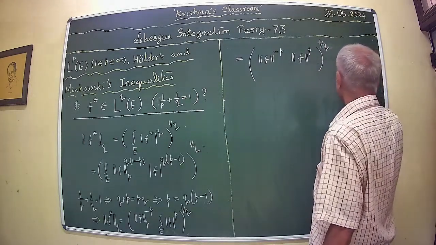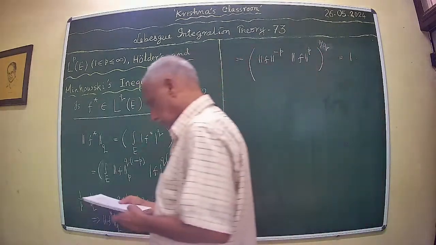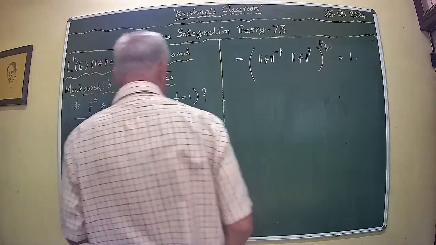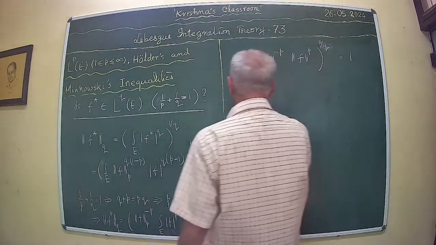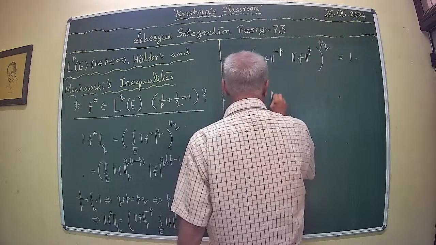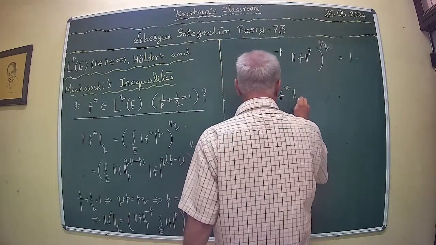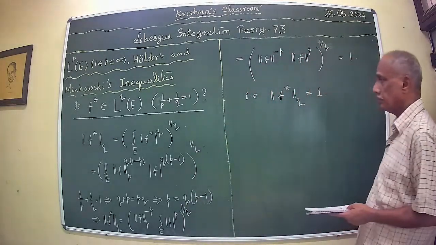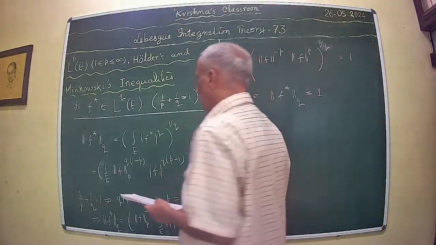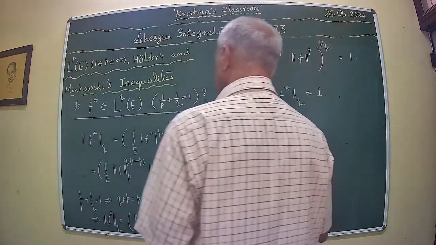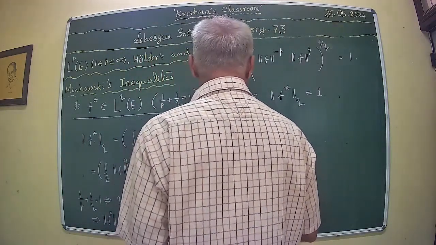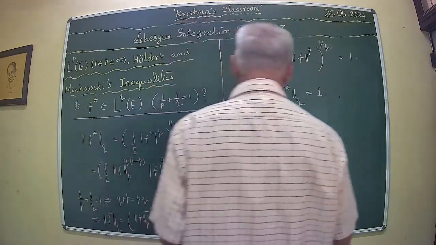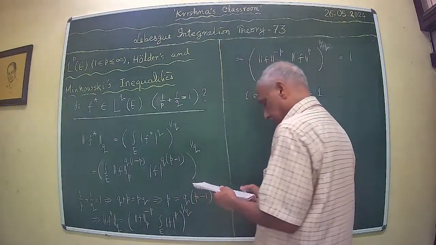This is equal to. So that is clear. So we have proved that. Now what we want is, therefore f star belongs to LQ. And we have also calculated this.